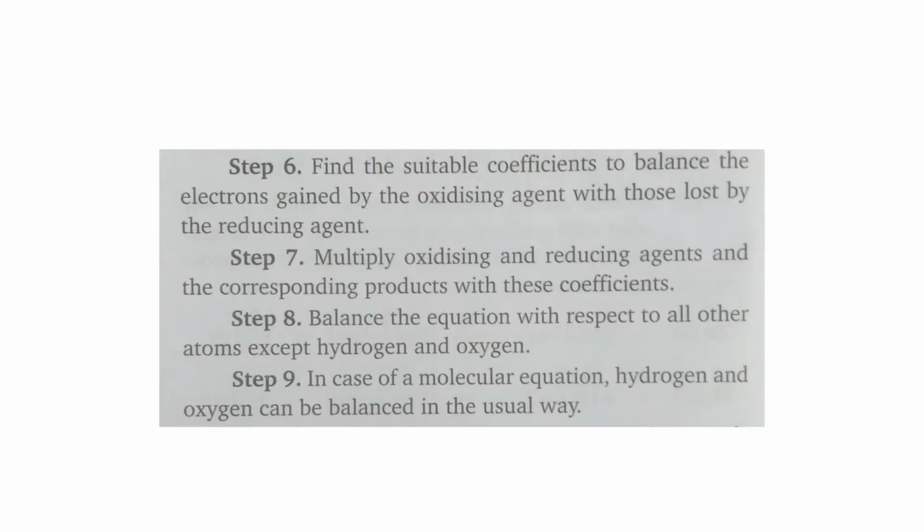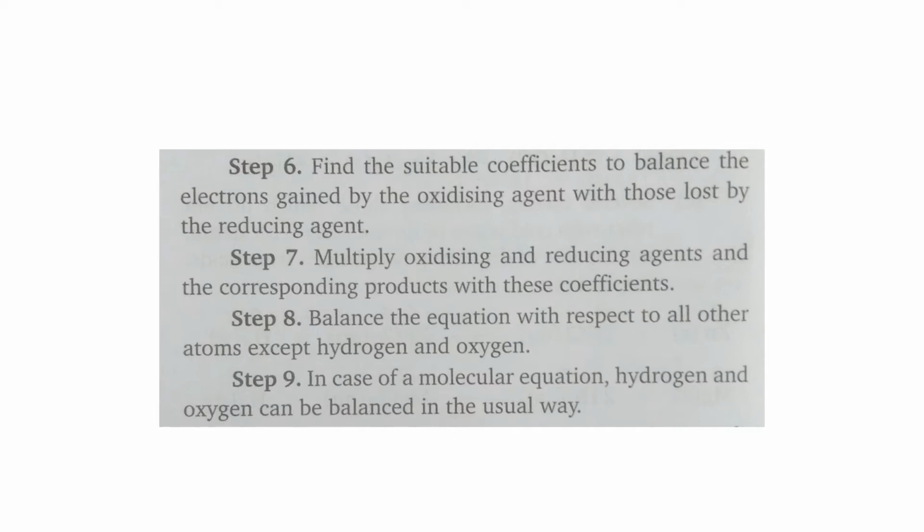Step number 6: find the suitable coefficient to balance the electrons gained by the oxidizing agent with those lost by the reducing agent. When we do the balancing, all the steps will be clear to you.